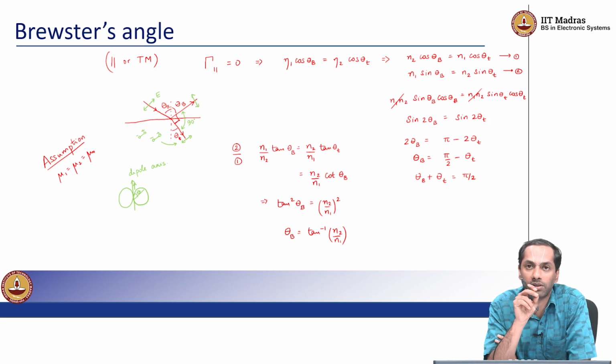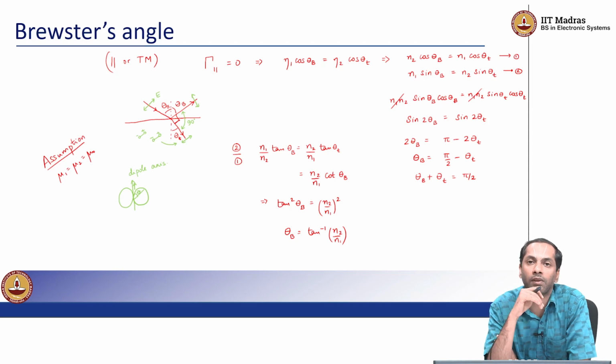So even though these charges are accelerating within the medium too, it so happens that at this special angle, when the reflected beam and the transmitted beam are 90 degrees to each other, all the dipole moments in medium 2 are lined up such that the axis of the dipole moment lines up with the direction of the expected reflected beam.